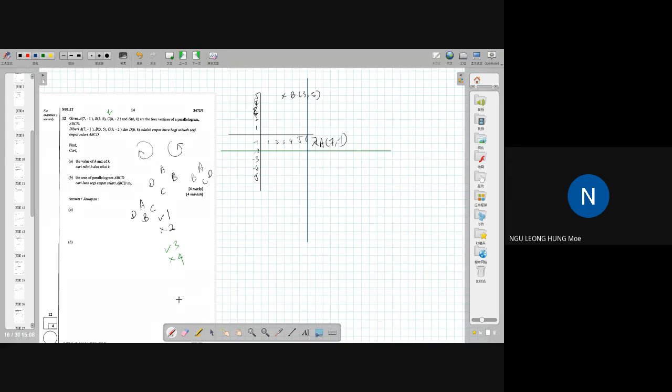So if we follow the sequence of clockwise or anti-clockwise, if A is here, B is here, and you want to go to C, A, B, C, D. Is it possible? No. If not possible, that means C must be somewhere along this line, right? And also D. Can D be here?